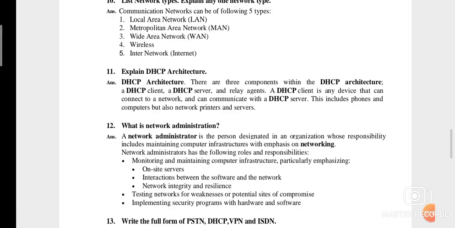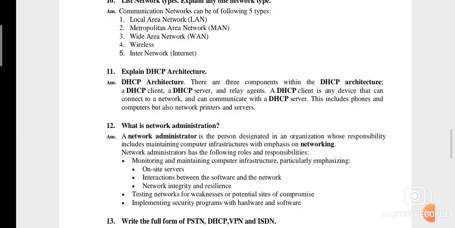The network administrator has the following roles and responsibilities. First, monitoring and maintaining computer infrastructure, particularly emphasizing on-site servers, interaction between the software and the network, integrity and reliability, testing networks for weakness or potential sites of compromise, and implementing security programs with hardware and software.